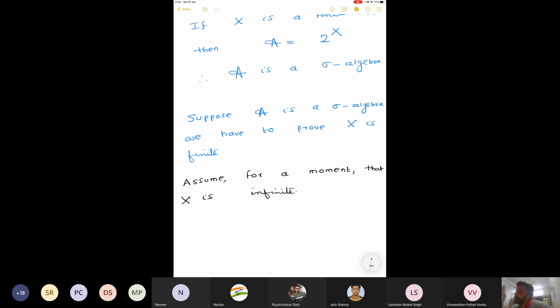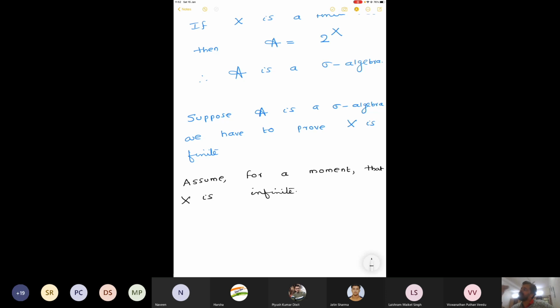For that, what do I have to do? I have to find a countable collection of elements in script A whose union is not in script A. That means whose union is neither finite nor cofinite. That means whose union is not finite, and whose complement is also not finite.